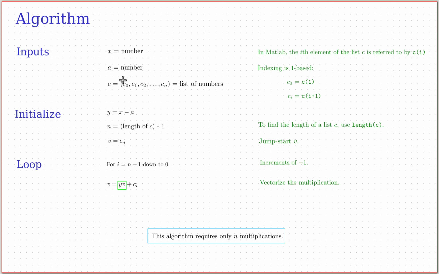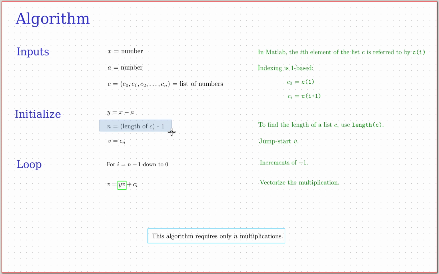Right? Note that as we're writing the algorithm, we don't know how long this vector is going to be. We don't know what n is going to be. So that's something we will have to figure out. And in fact, that's something I do during the initialization. So first I just set y equal to x minus a. And then we have to figure out what is the degree of the polynomial.